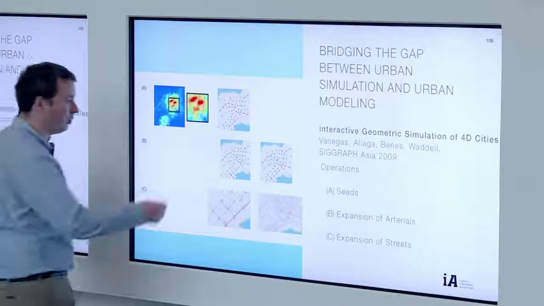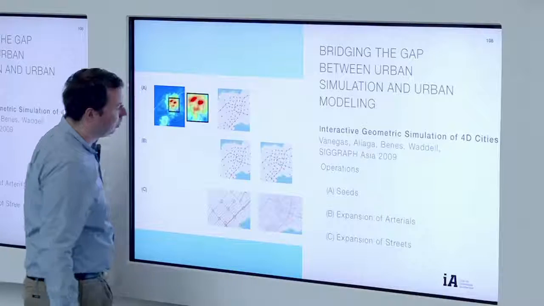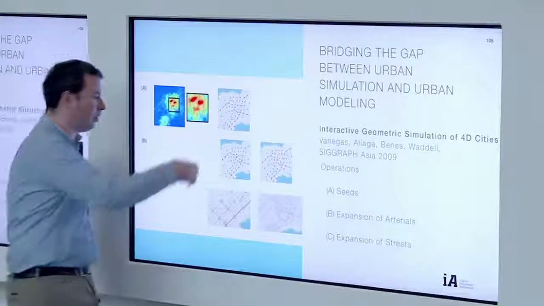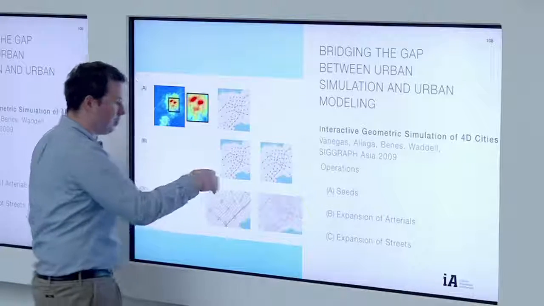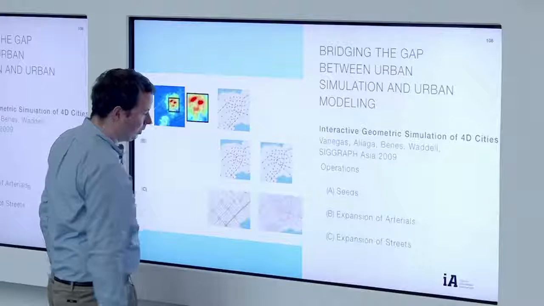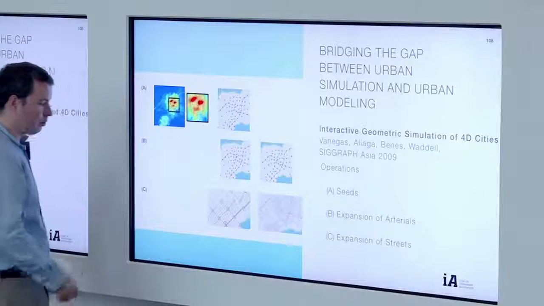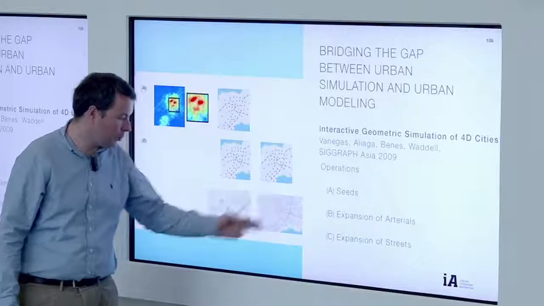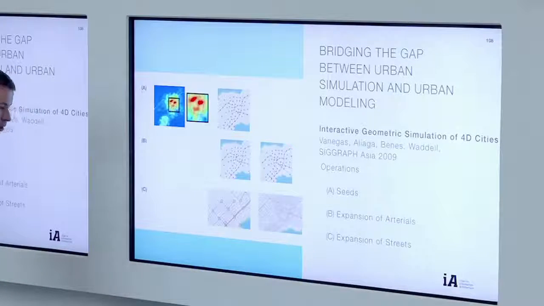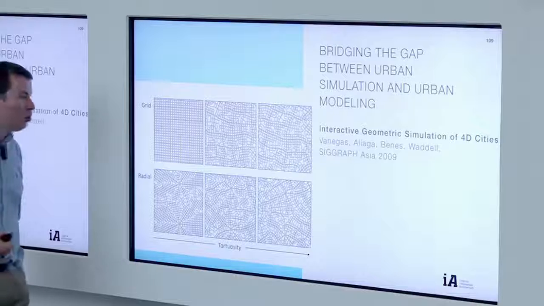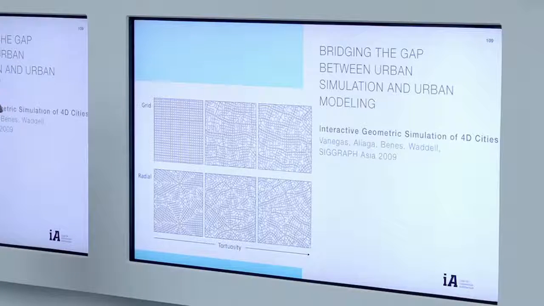Initially, you have a so-called seed, and then with an agent-based algorithm, the seed will get interconnected by arterial roads, and from these arterial roads, you have refined block roads and inner quarter roads. So there are different kinds of looks that are possible, styles.